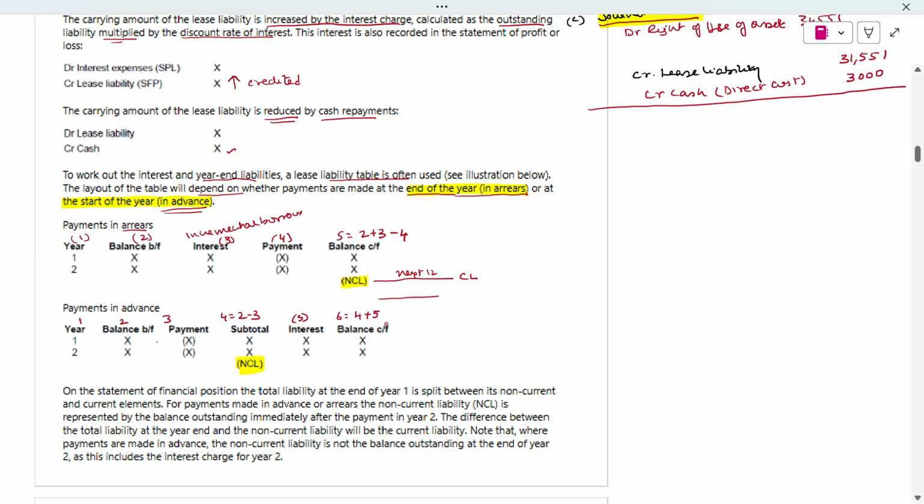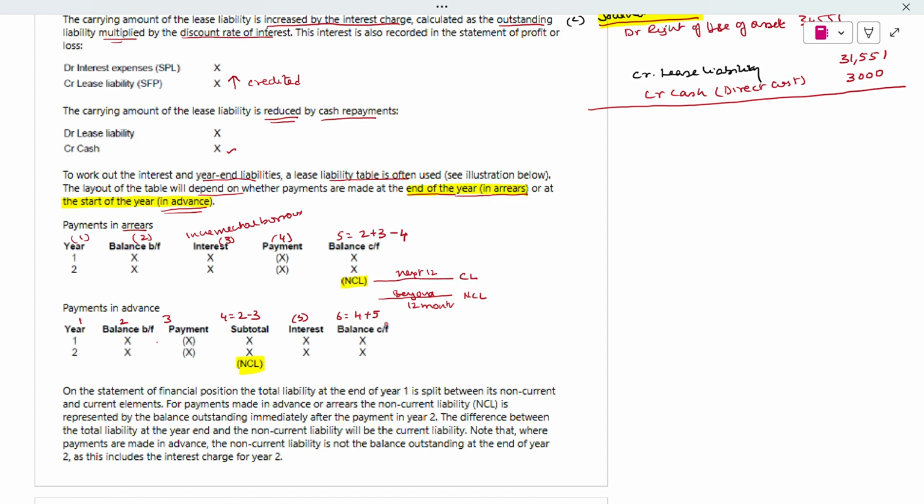If you are going to pay beyond 12 months, it is going to be non-current liability. As we are applying these rules, it will never change. Keep it in mind.